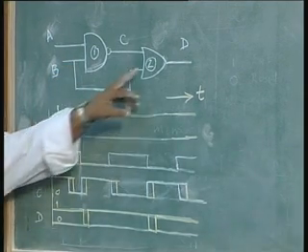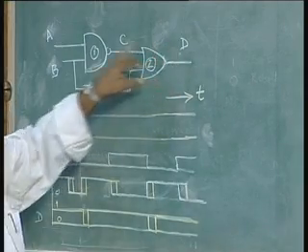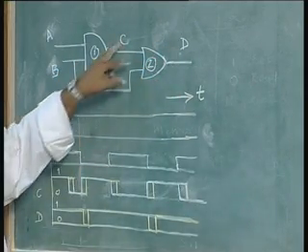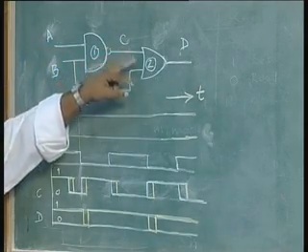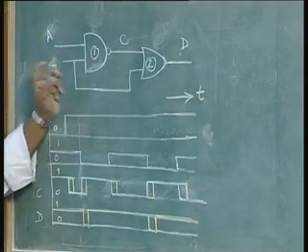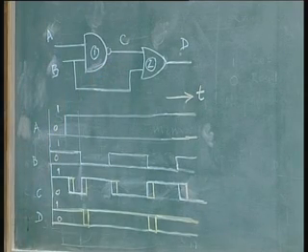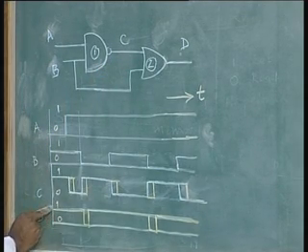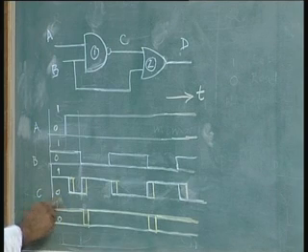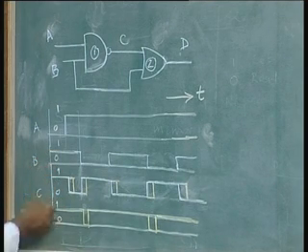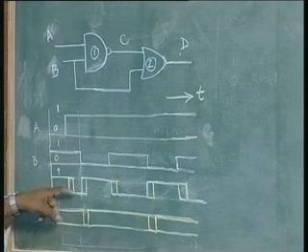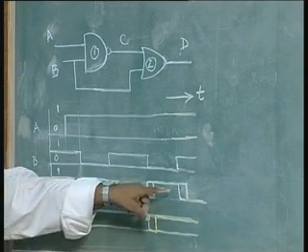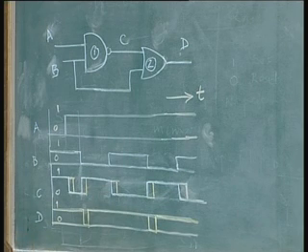Now, the output C and B are the 2 inputs to the OR gate D. So, D would be based on B and C. All the time I am looking at these white lines, not these yellow lines which I have drawn later on, which will be explained a little later.